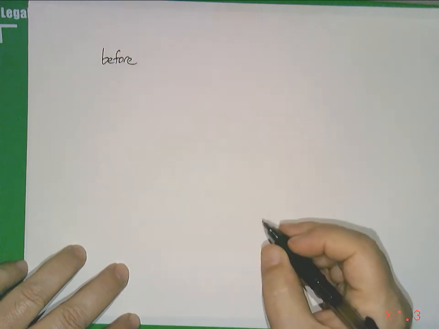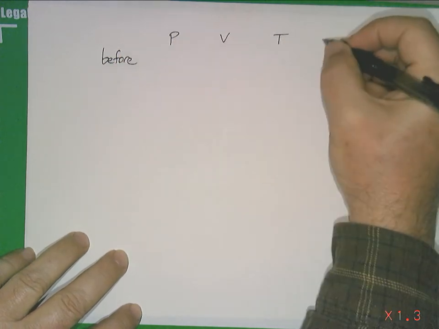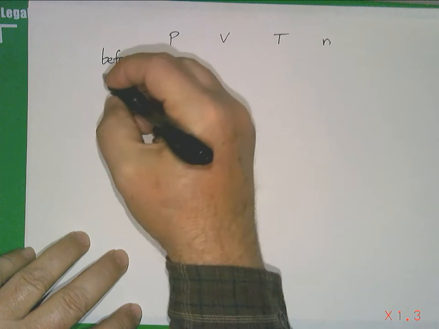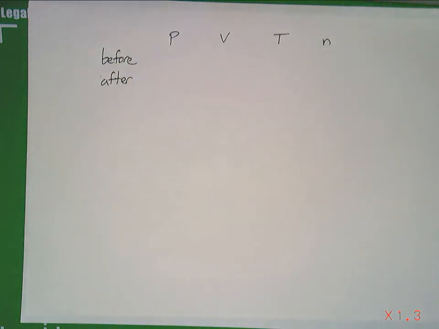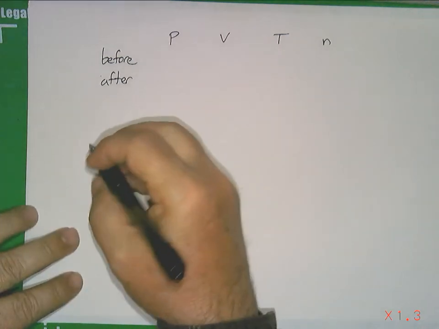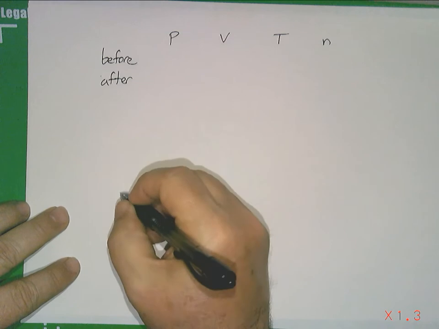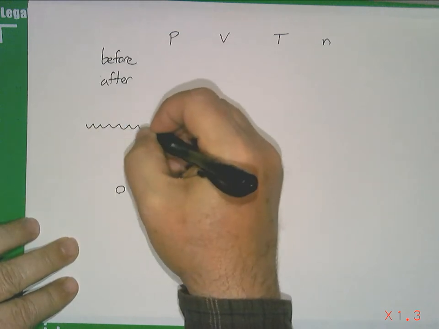Before a change, you have one set of conditions, P, V, T, and n. And after, you have a different set of conditions. So let's suppose I've got a little air bubble, and it's deep under the ocean.